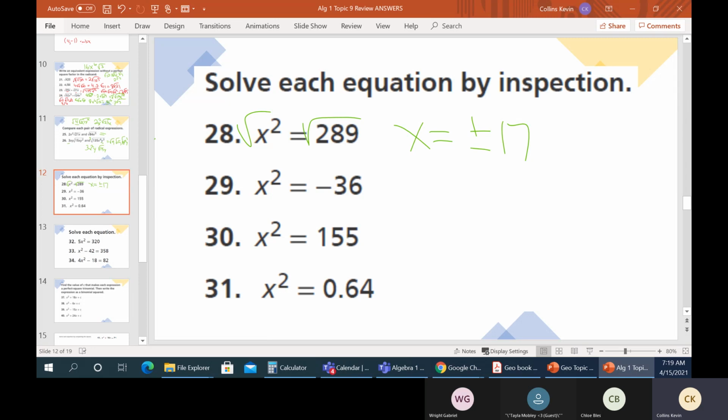How about this next guy? Can we take the square root of negative 36? Yeah, that doesn't actually work out, does it? If you're not sure, you try your calculator.